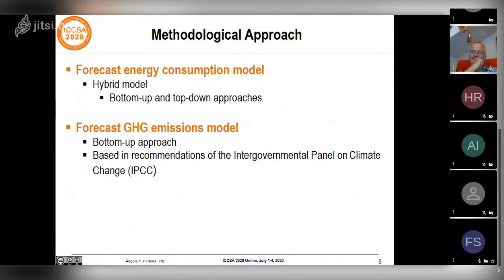The forecast of greenhouse gas emissions follows a bottom-up approach and consolidates the recommendations of the Intergovernmental Panel on Climate Change.